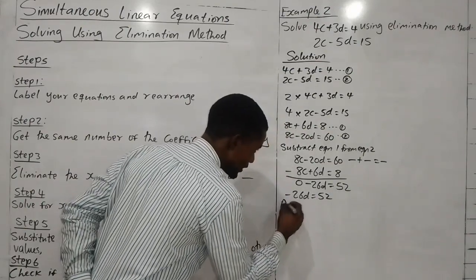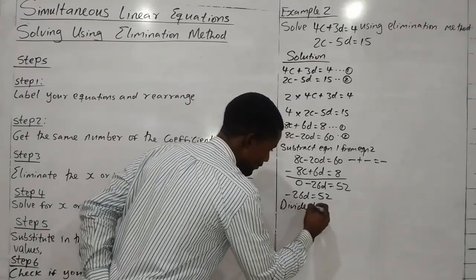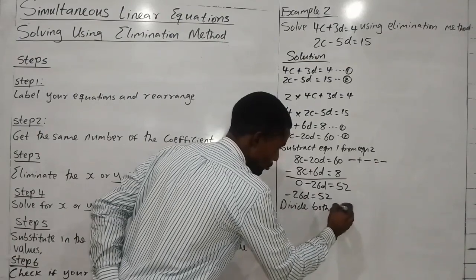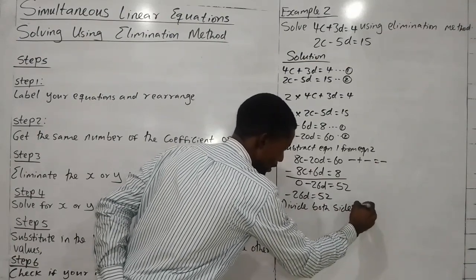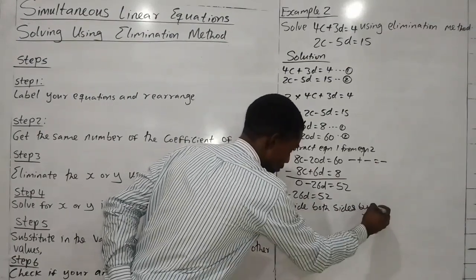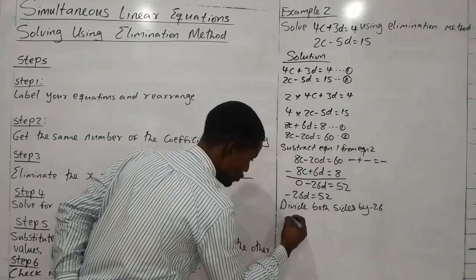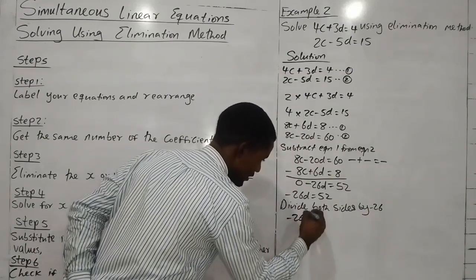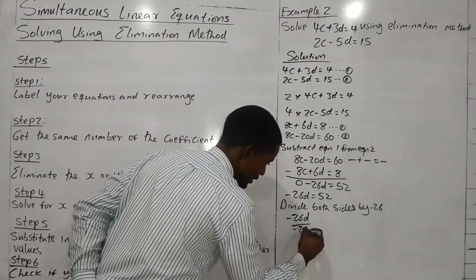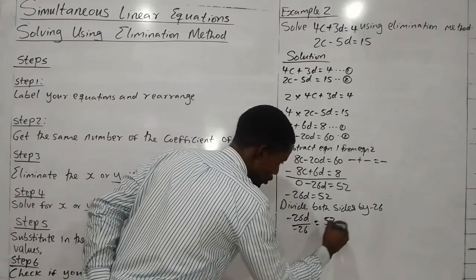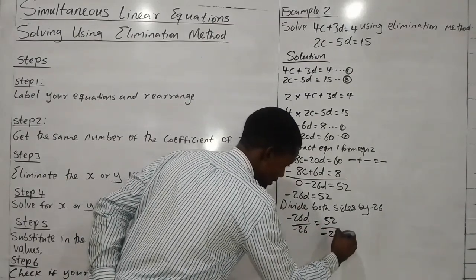What do I need to do? You say divide both sides by minus 26. So you'll have minus 26d divided by minus 26 equals 52 over minus 26.